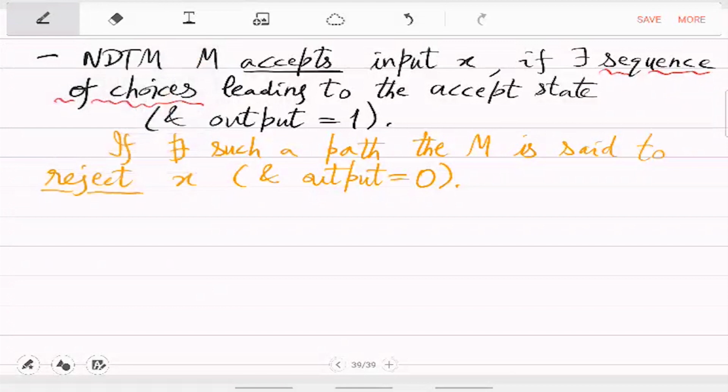There are choices at every step, and if a sequence of choices leads to accept, then the output is 1. Then we say that actually it's a yes string. If there is no accepting path, then it's a no string.